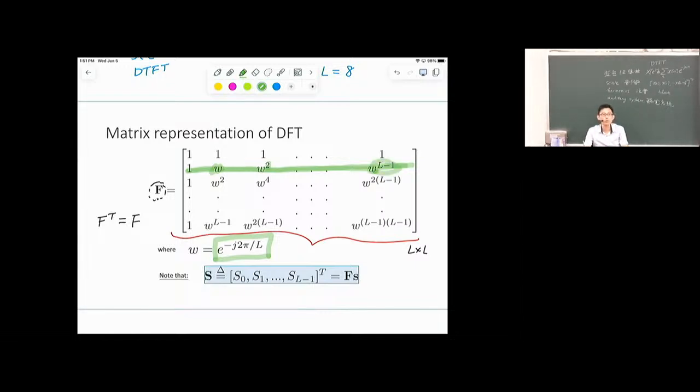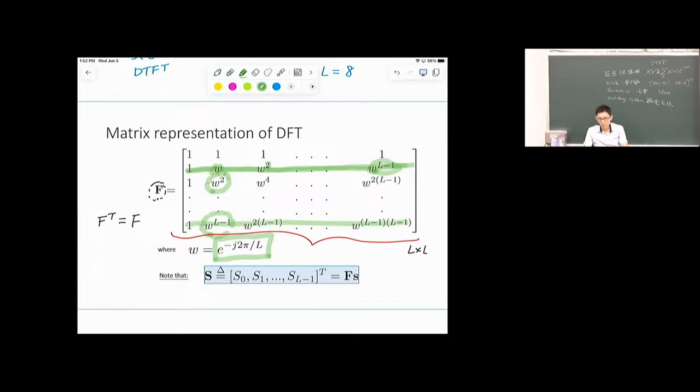That's one row. The next row is also a geometric sequence, but with a factor of W squared. The last row is W to the L minus 1. That's the ratio for this row. So each row is a geometric sequence.